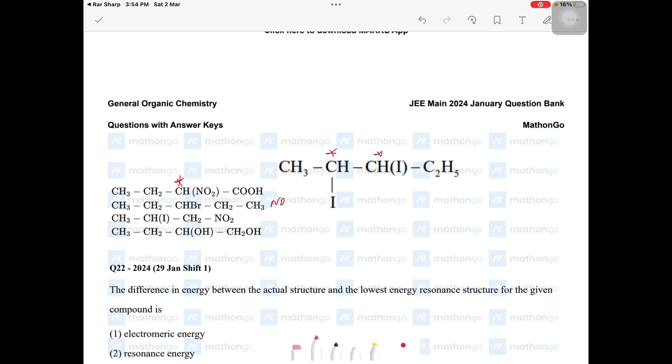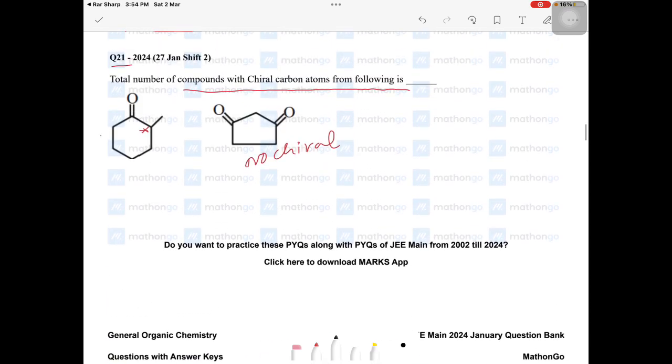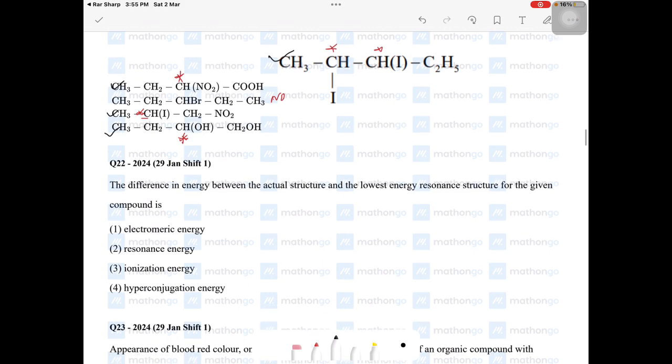The last compound, in this one, it is one chiral carbon. In this last compound, CHOH, that carbon is chiral. Total number of compounds with chiral carbon 1, 2, 3, 4 and here one 5. Total 5.